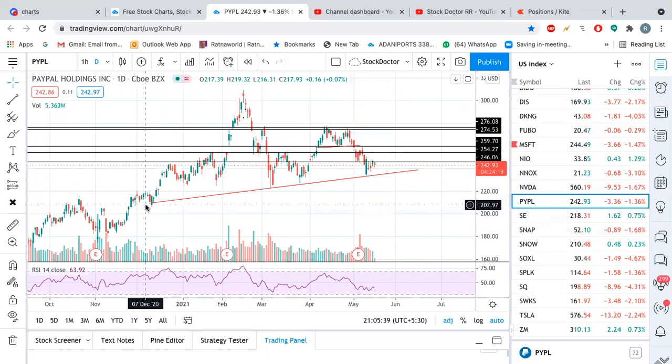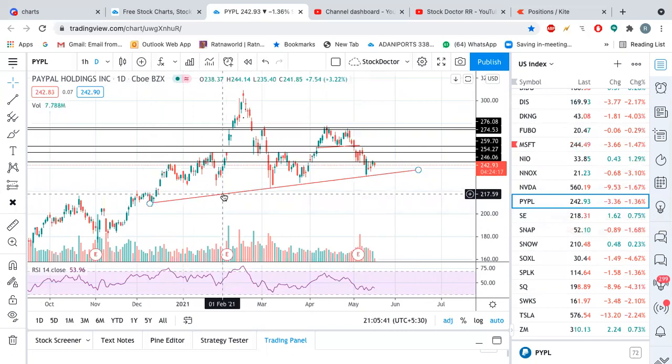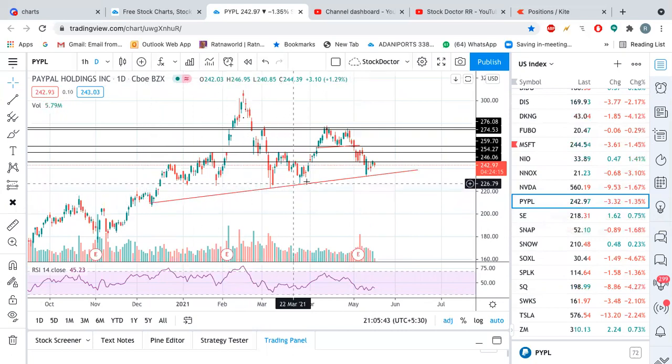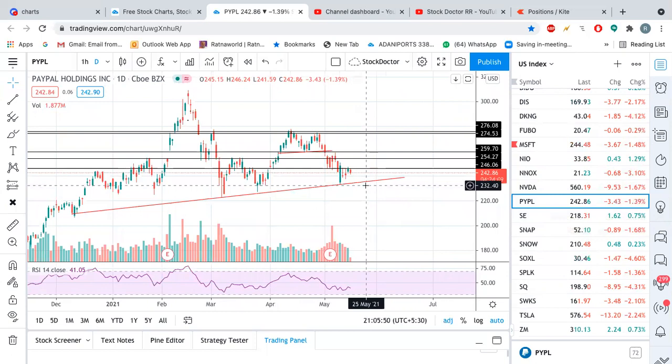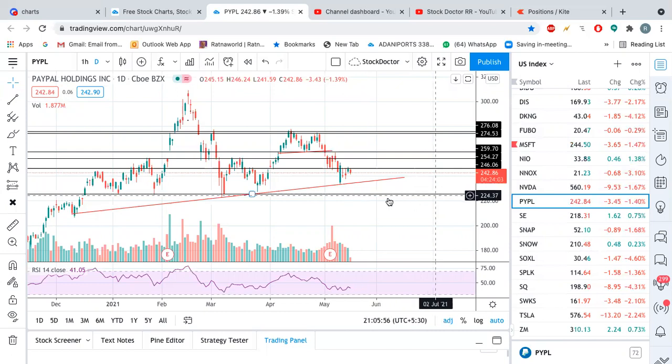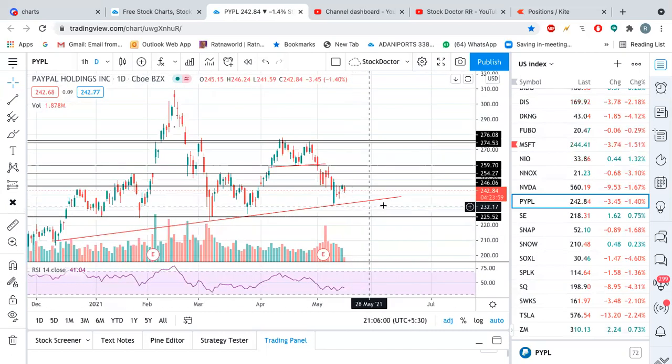Now PayPal, I can see here the trend line support is in this zone, right? And I can see its horizontal support around here, 225.